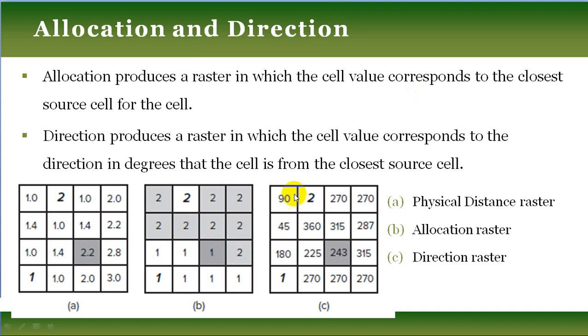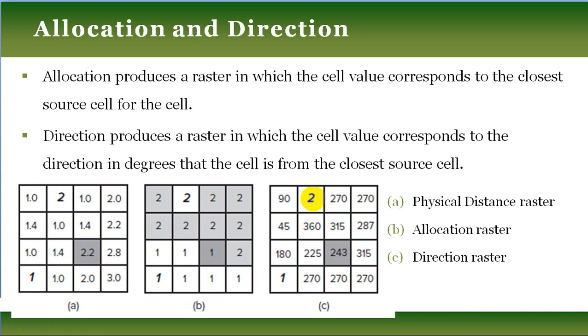And the third one is the direction raster, where every cell's value is calculated as a degree, the direction from each cell to the closest source cell. Now you have to remember that the direction values are based on the compass direction.